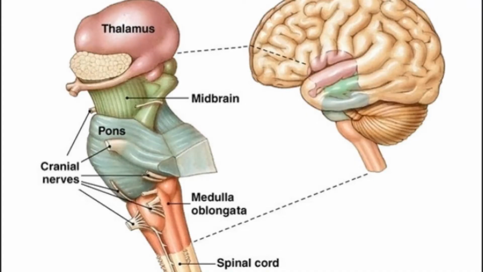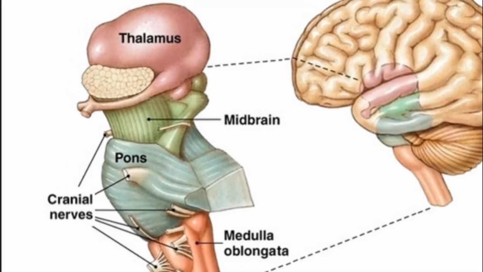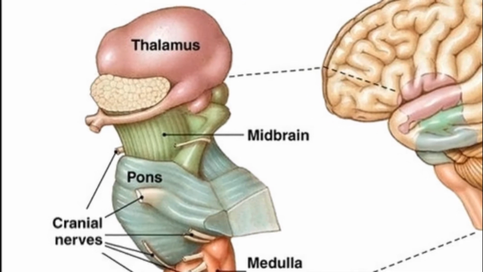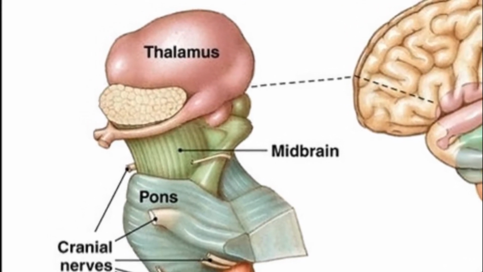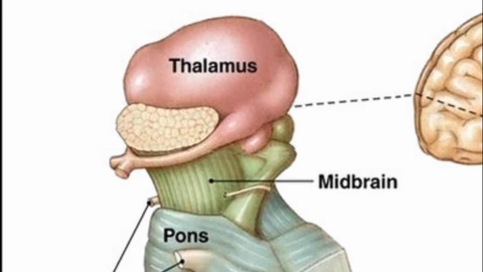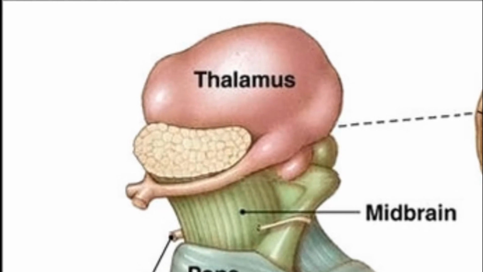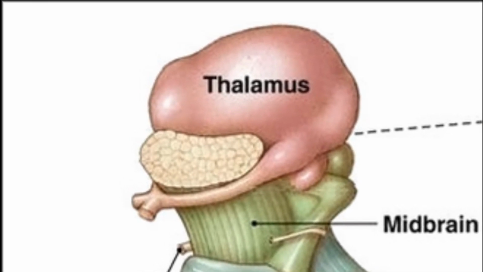Back to the structures for a little bit about the function. So the diencephalon has different structures. So the thalamus is a relay center for a lot of the pathways in the brain, and those coming from the spinal cord. The hypothalamus is to do with autonomic conditions and hormone secretion. It's to do with the endocrine system.